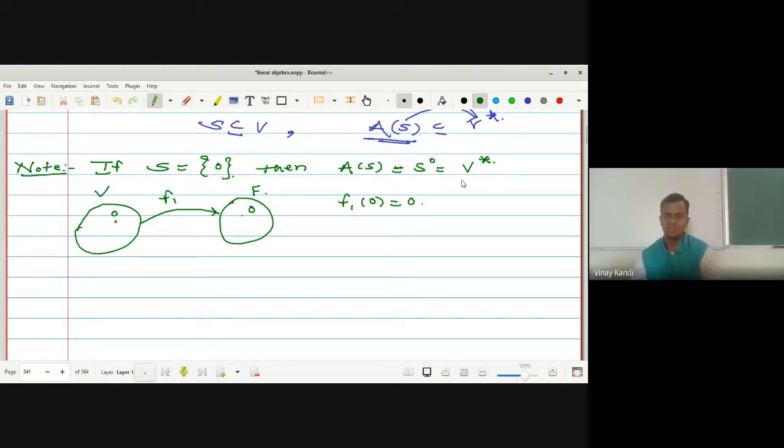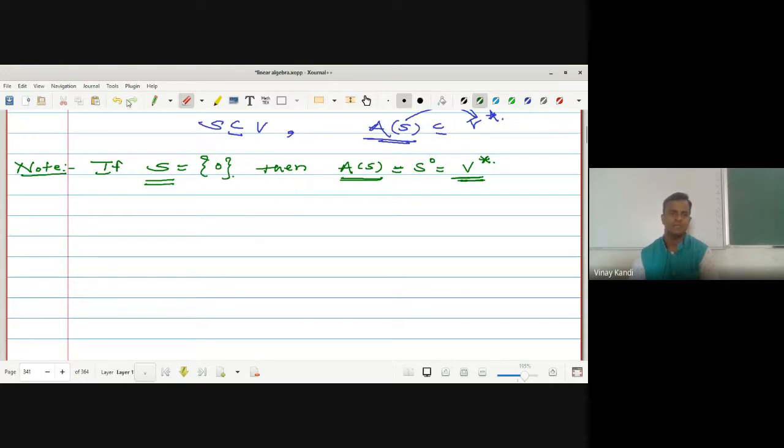So each and every functional fi belonging to V star transforms, not every vector, only the zero vector, to 0. Each function in V star transforms 0 to 0. Here the set S is singleton 0. That's why the annihilator of S is equal to V star. So this is note number 1.